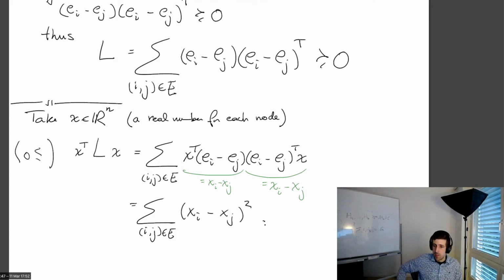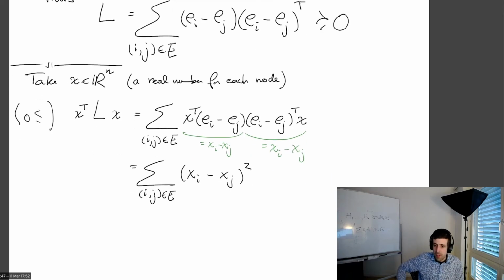So immediately we see that it's bigger or equal than 0. But it tells us more. For a vector x, it's summing the squares of some kind of derivative. When two points are close in the graph, it's taking the difference between them, squaring that, and taking the sum of the squares of everything.